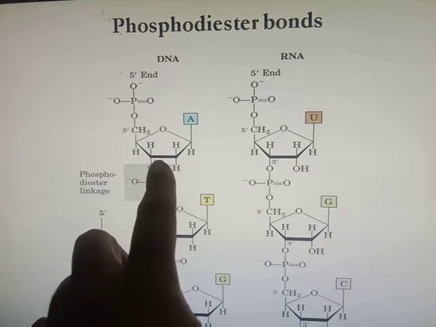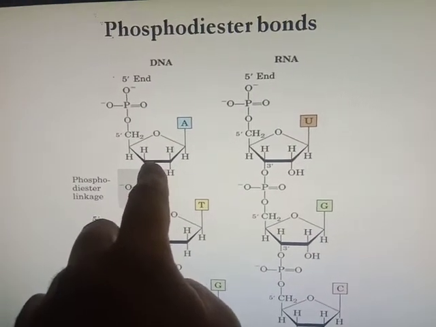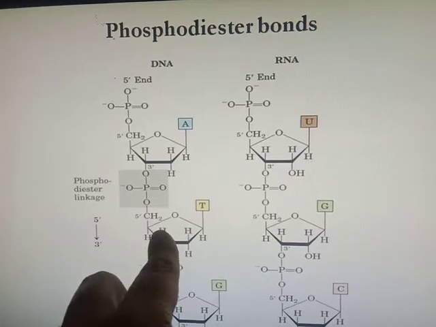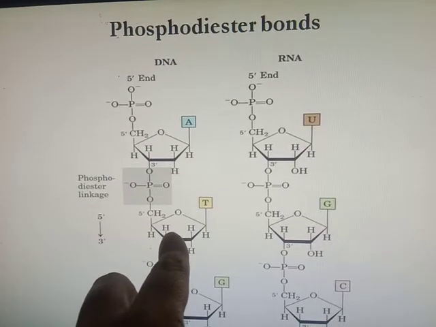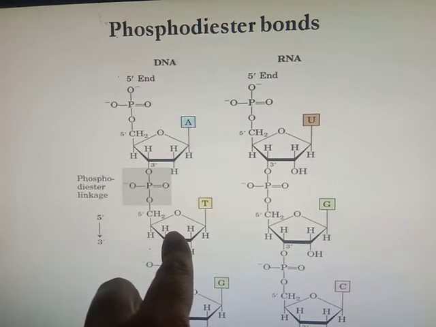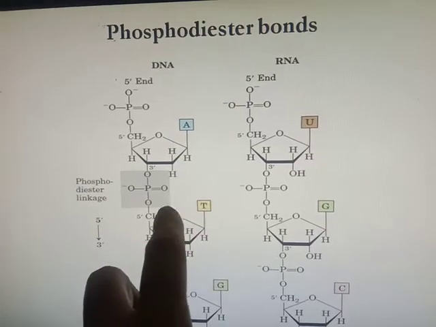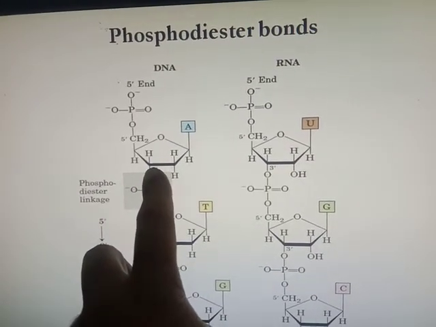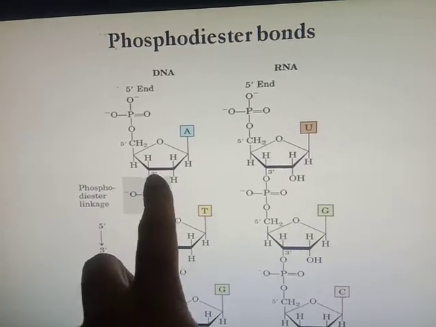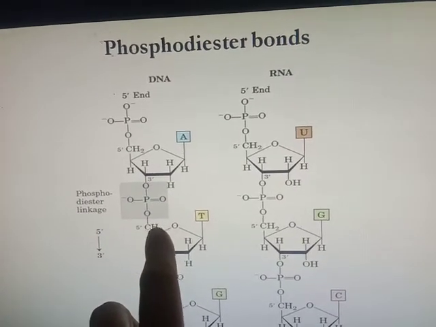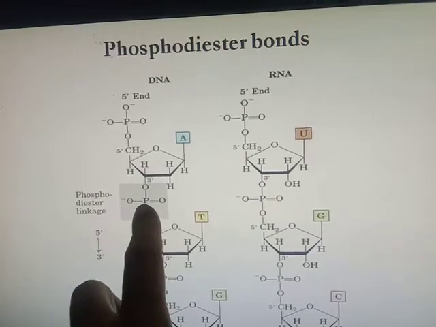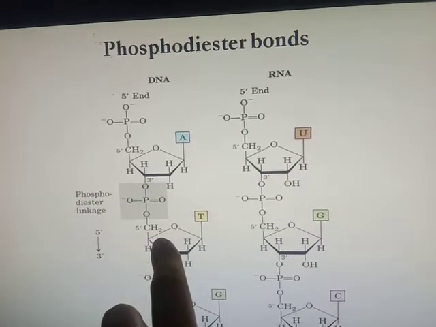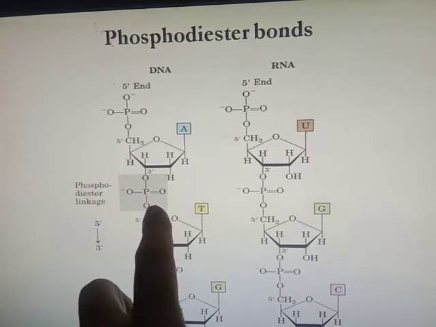Now the third carbon of this ribose sugar is linked to the next ribose sugar containing a nitrogenous base and phosphate group. So the third carbon of the previous ribose sugar is linked to the fifth carbon, which contains the phosphate group, of the next ribose sugar to form a phosphodiester bond.